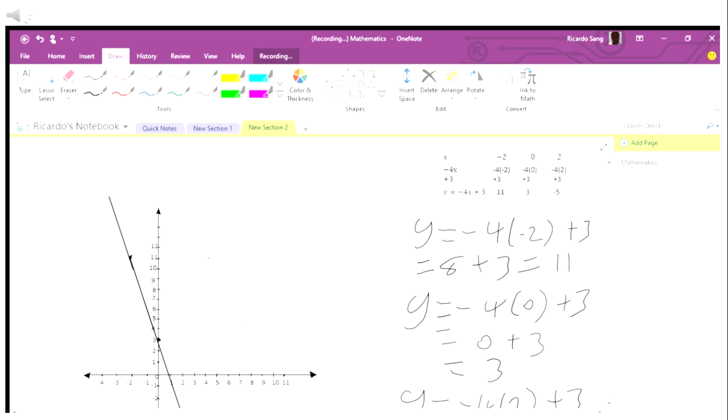So over here would be y less than minus 4x plus 3.